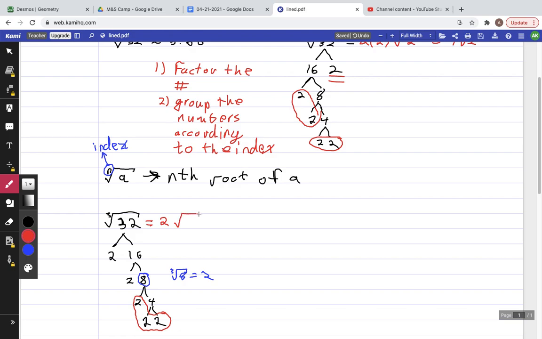And since I don't have another group of 3, everything else has to stay inside the radical. And this gives us 2 times the cubed root of 4. This method works for any number, if we want to simplify the radical down.